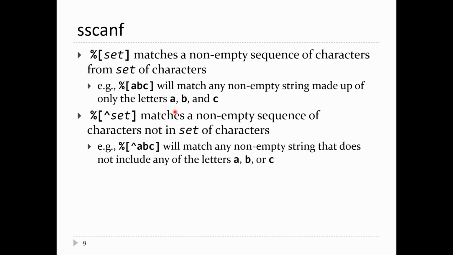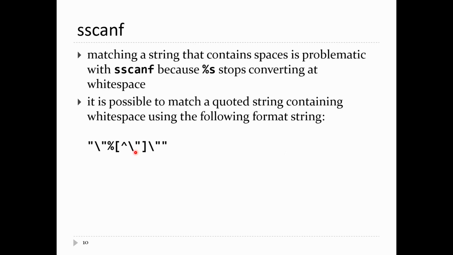If you use the caret in front of the set, it'll match stuff that's not in the set. So not A, B, C will match any non-empty string that does not include the letters A, B, or C. And this one turns out to be useful, as you'll see in a second.